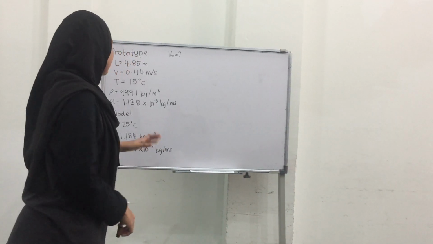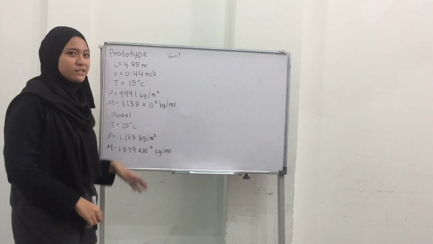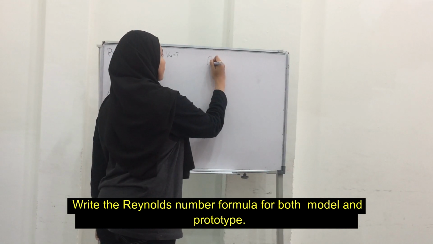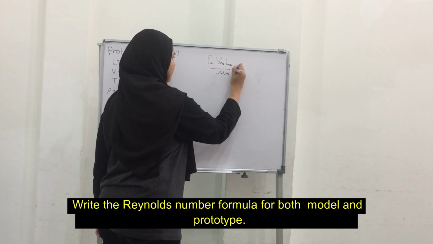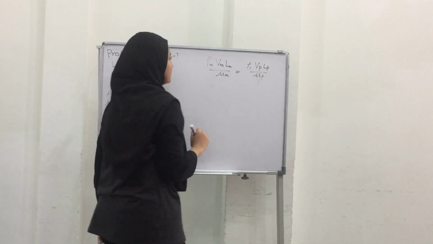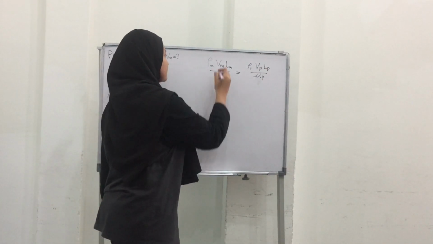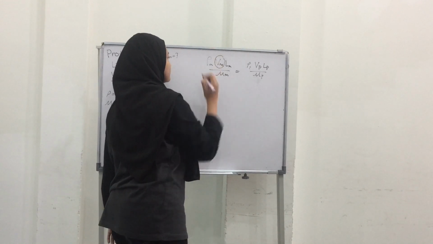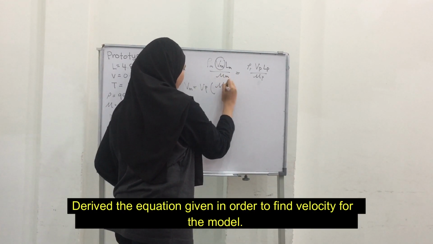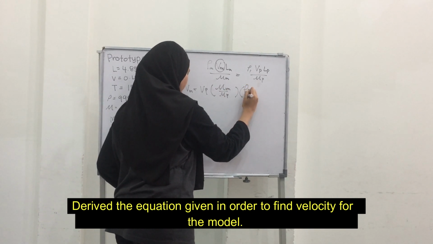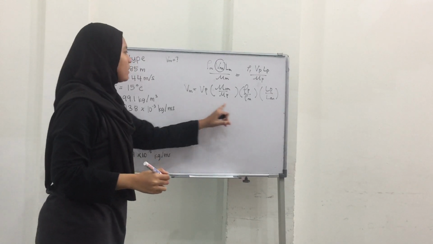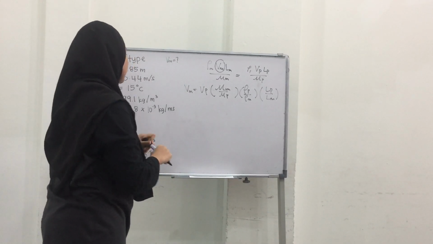As we know, the Reynolds number for the prototype and for the model are equal. So we want to find the velocity for the model. We already know all the values, so we can substitute the values.